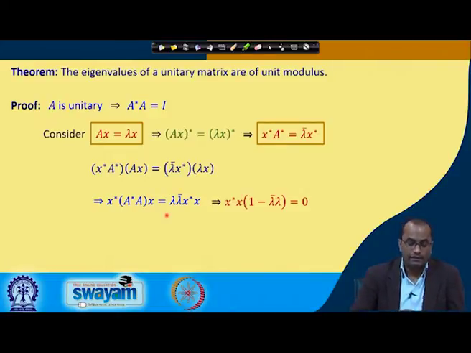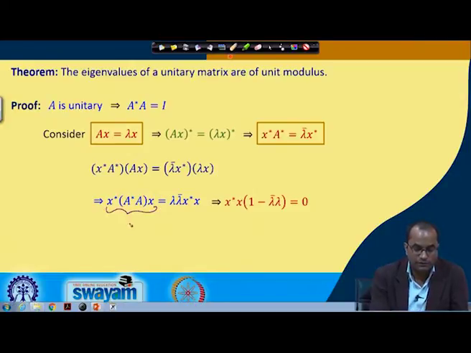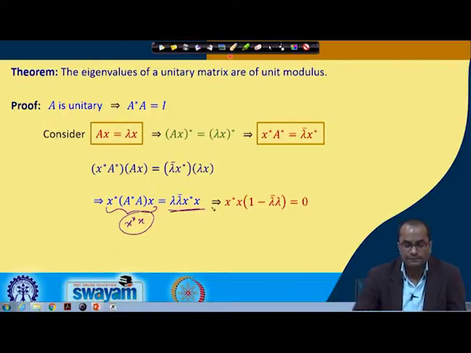Because A star A is equal to I, we have the identity matrix, meaning this term is nothing but x star x. So, we take common this x star x, and we get 1 minus lambda bar lambda, and that is equal to 0.